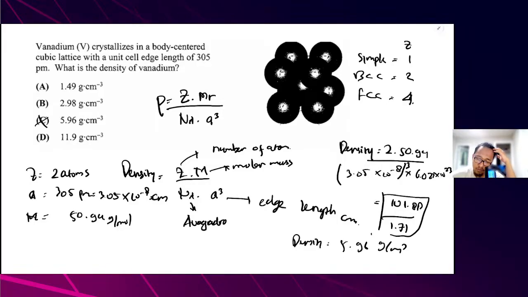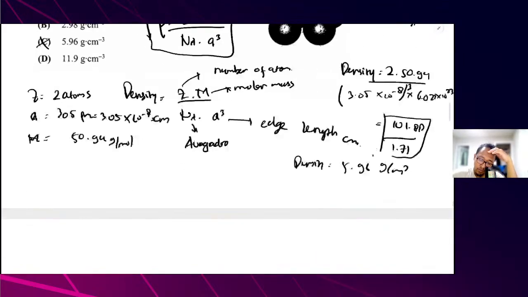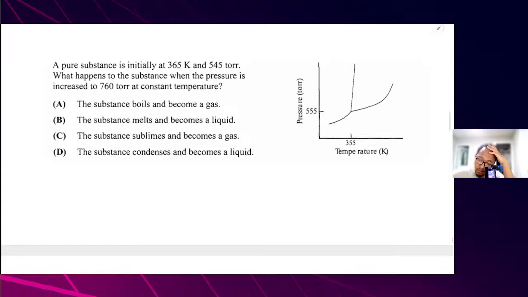Okay, just remember this equation. Now if we have a question like this: a pure substance is initially at 365 K. So just remember, guys, the concept of the phase diagram. Just Google phase diagram in chemistry.